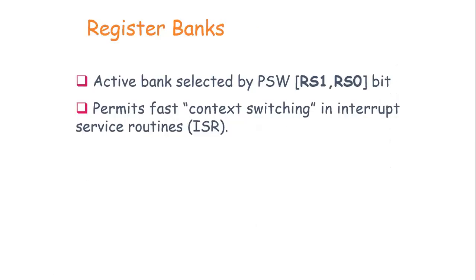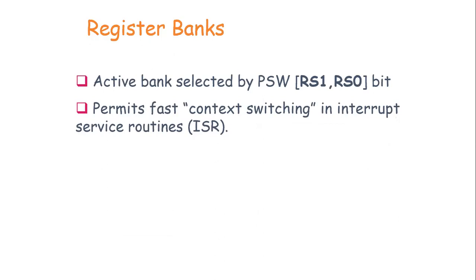Register banks. The active bank is selected by the program status word. We see the 128 bytes of general purpose RAM of the 8051 are divided into 3 sections: register banks, bit addressable area, and general purpose area. The first 32 locations are divided into 4 banks, and each bank has 8 registers.